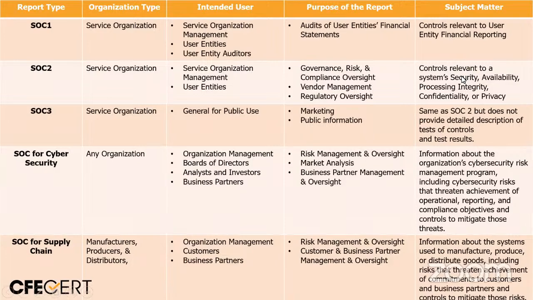This will cover controls relevant to systems, security, availability, all the 5 TSCs: security, availability, processing integrity, confidentiality, or privacy. And this is same as SOC 2, but very limited information, no test of results or controls, and very limited section 3. This is more around organization cybersecurity risk management program, and this is more around organization supply chain program.